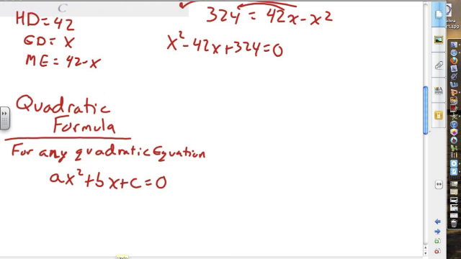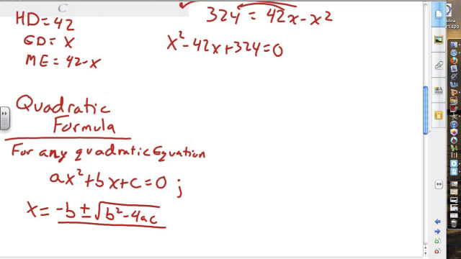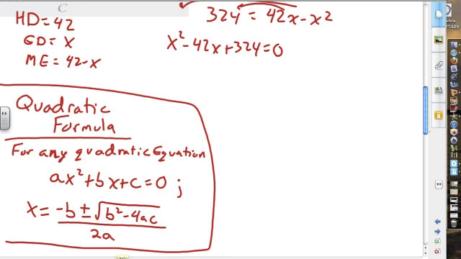Kind of like what we have up here. X will equal the opposite of b, add and subtract the square root of b squared minus 4ac, the whole fraction divided by 2 times a. That's if we couldn't factor it. We could always go back to this little quadratic formula. I want you to make sure you have that written down in your notes. That is something you're going to have to use on the assignment.